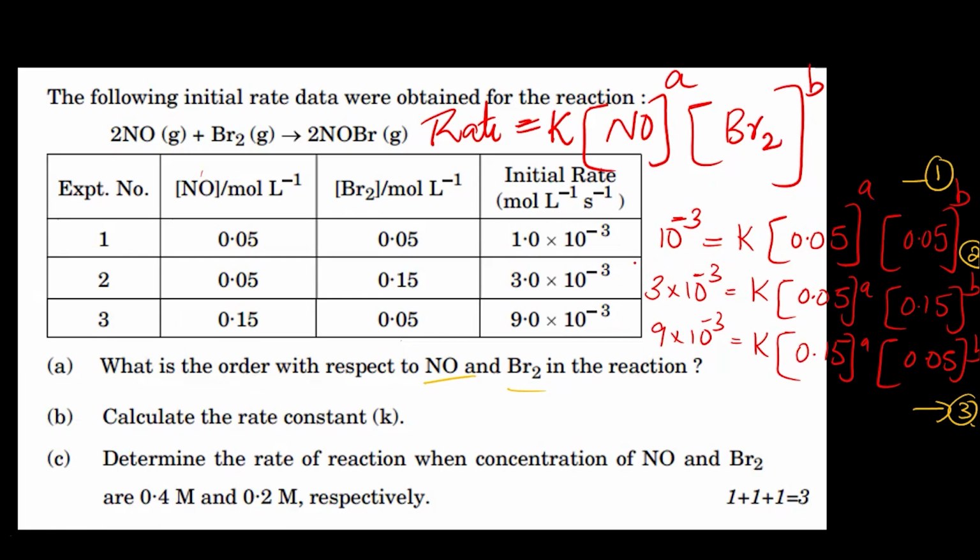So how will you compare? You can compare 1 and 2. Equation 1 is 10 to the power minus 3 and equation 2 is 3 times 10 to the power minus 3. So we are going to compare that by taking the ratios.